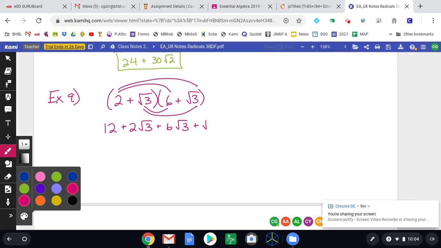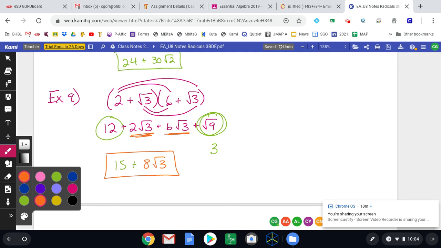And radical 3 times radical 3 is going to give me radical 9. Now radical 9, we know, is actually equal to 3. So now our 3 and our 12 are going to make 15. And since this one and this one are like radicals, that's going to give me an 8 radical 3. And I'm all done.